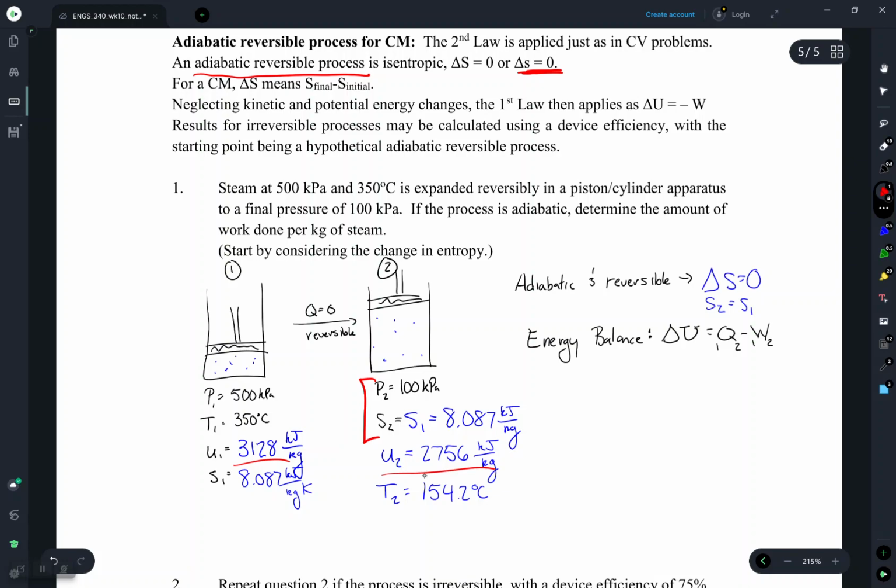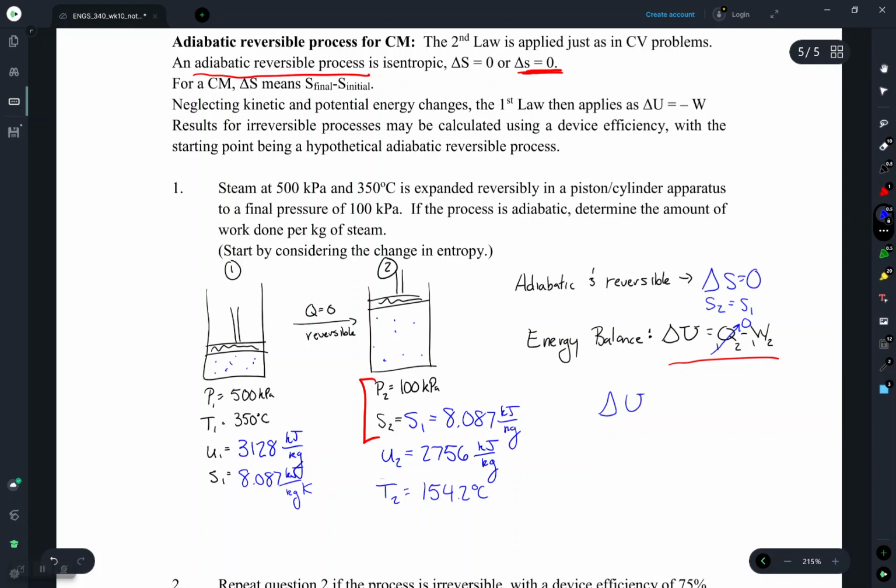Okay, we can solve then for our energy balance here. This would be the energy balance for our control mass system. We know already that it's adiabatic. That means Q equals 0.